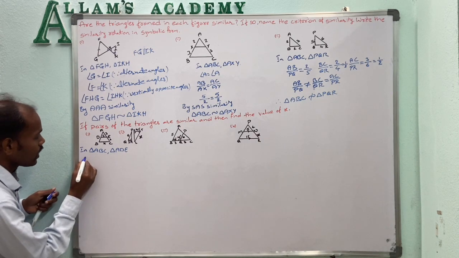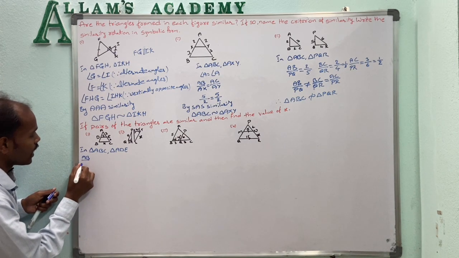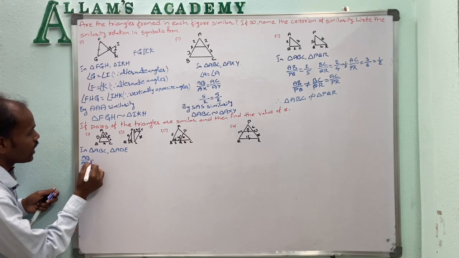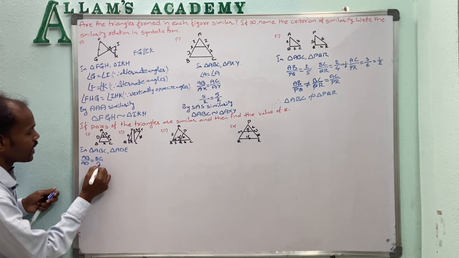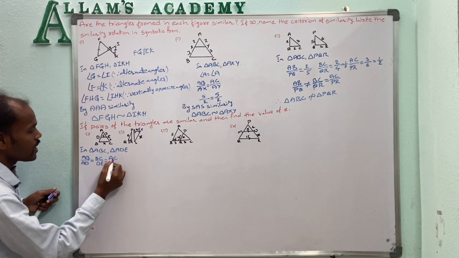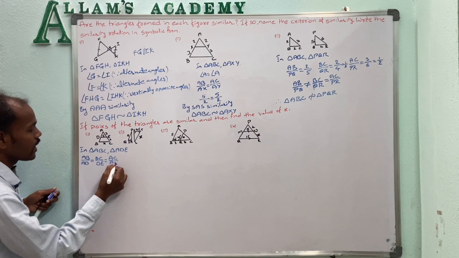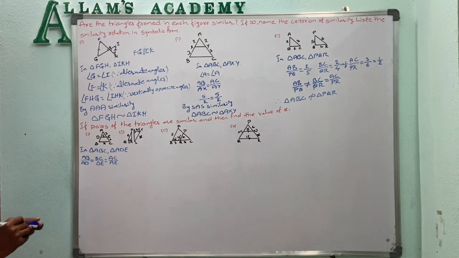So AB by AD equals BC by DE, which equals AC by AE. The sides' ratios are equal.